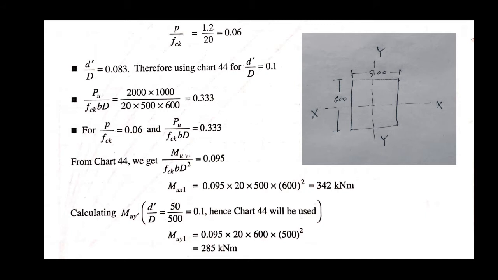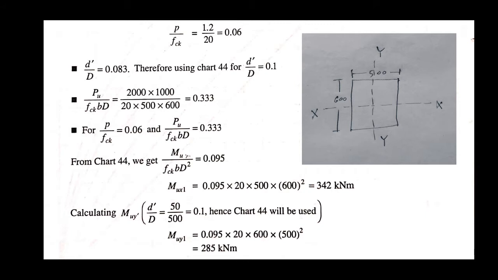Okay, so from this equation we can find mu x1. If we put mu x1 instead of mu, then we can find out the value of mu x1. So mu x1 is equals to 0.095 into fck, that is 20, into small b width 500 into capital D square, that is 600 square. So this is equals to 342 kilonewton meter with respect to x-axis.